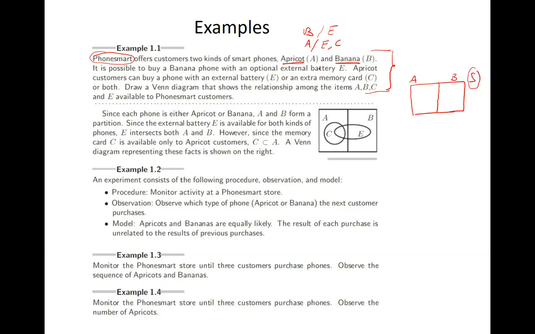Now, in A, apricot, we may have either E or C, so E and C are components of A, while for B, we have only E. If I define E, then E is common to A and B, while C is only for A. So understanding of the experiment here is critical to draw this Venn diagram. Here is an experiment.